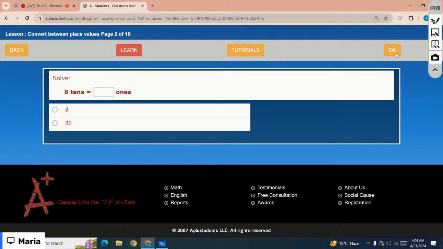The next one is 8 tens equal how many ones? 8 tens equal.